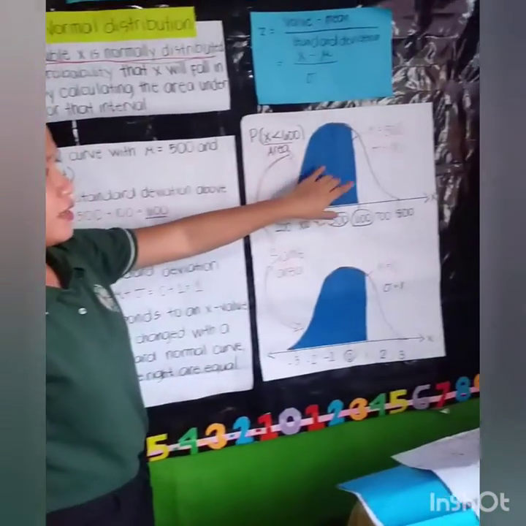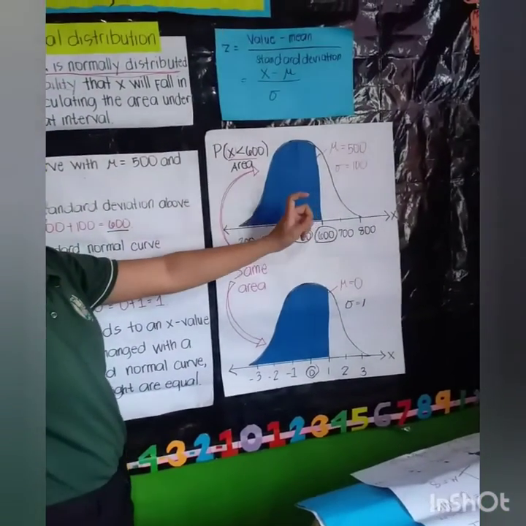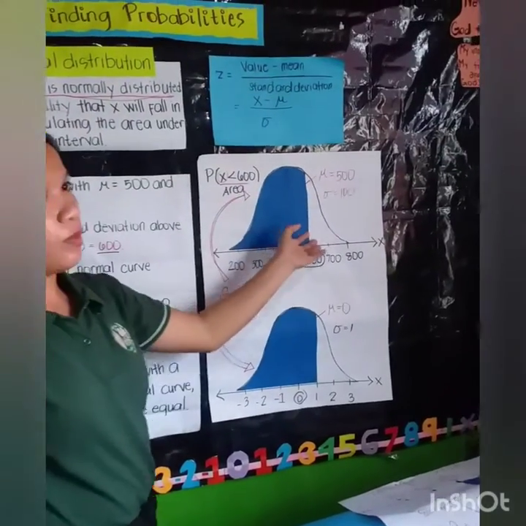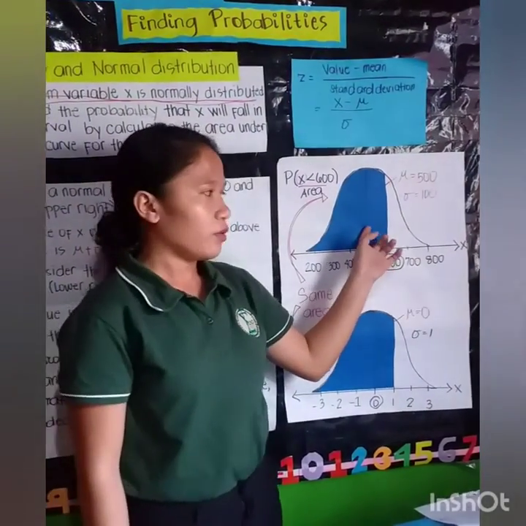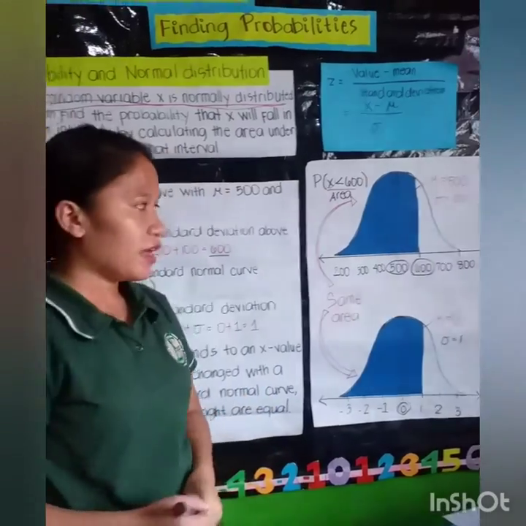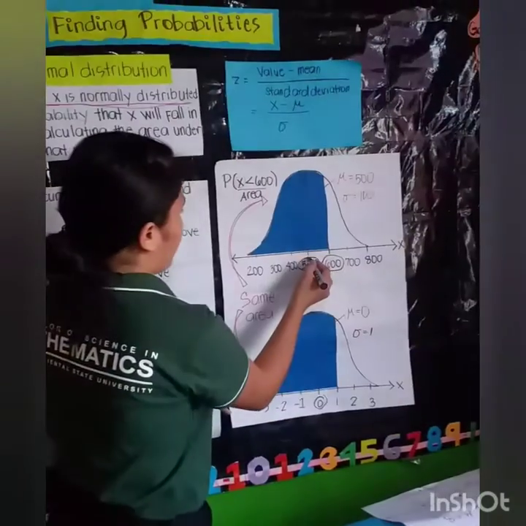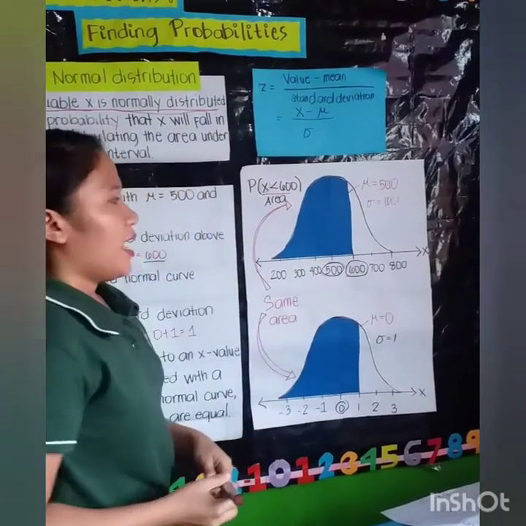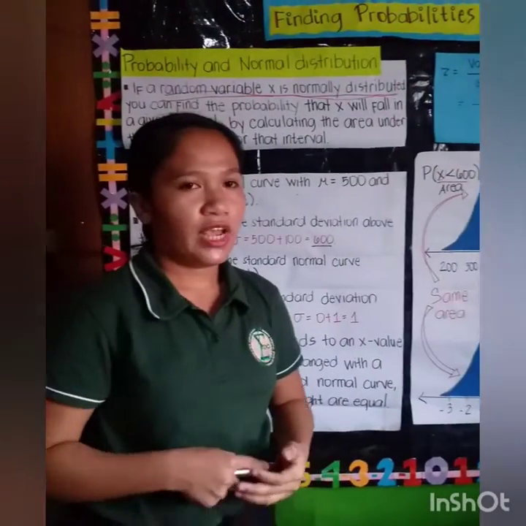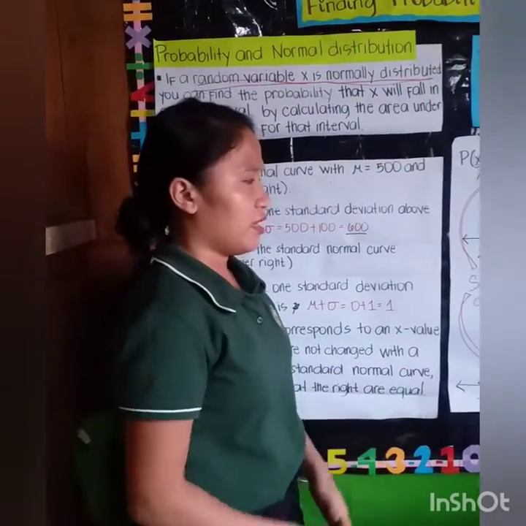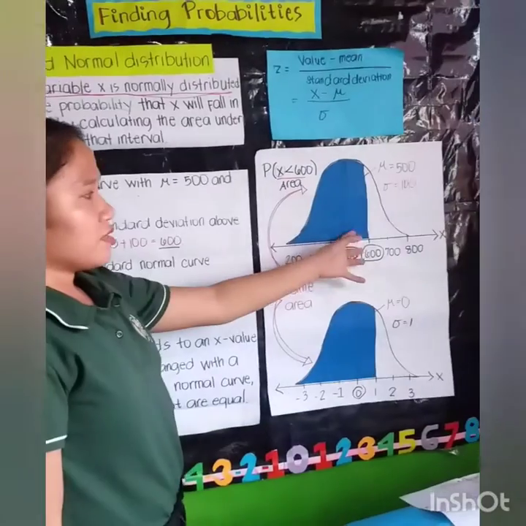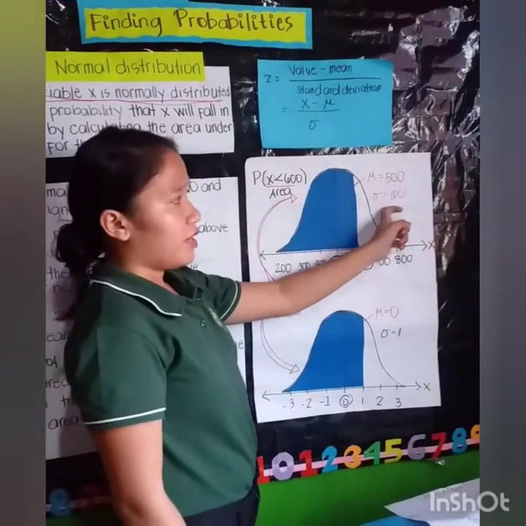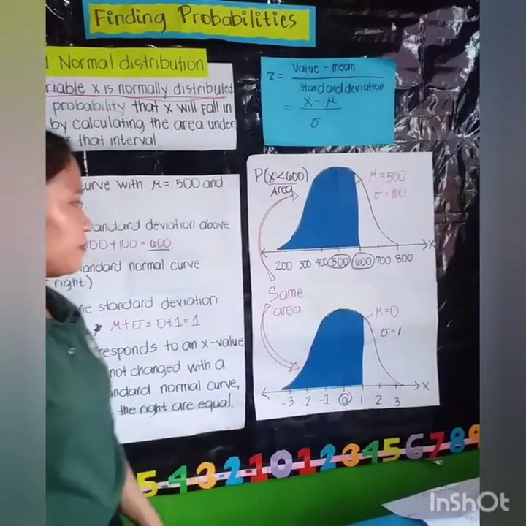This is the normal curve. In a normal curve, we can have any value of our mean, so that's why we put 500, and any positive standard deviation. In our illustration, it is 100.